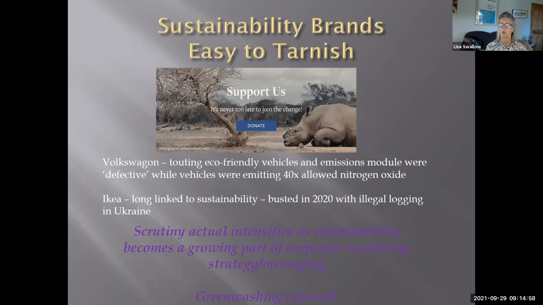They actually used The Natural Step from week one as a framework for building their company. And they were caught illegally logging in the Ukraine. So, greenwashing exposed. When this happens to companies that have built their brand around sustainability, it can be quite unpleasant, to say the least.